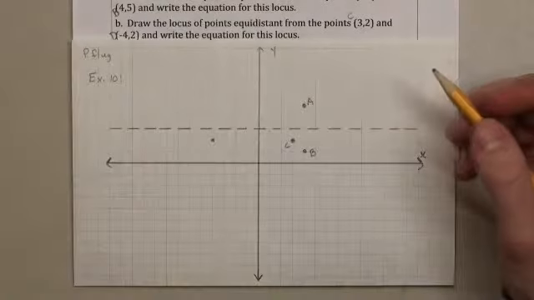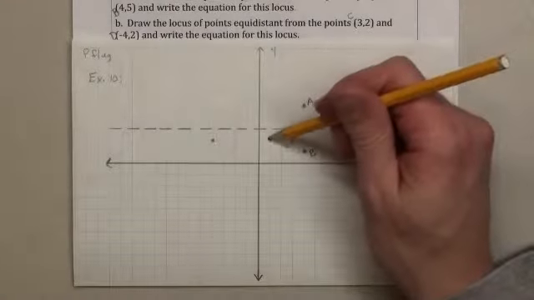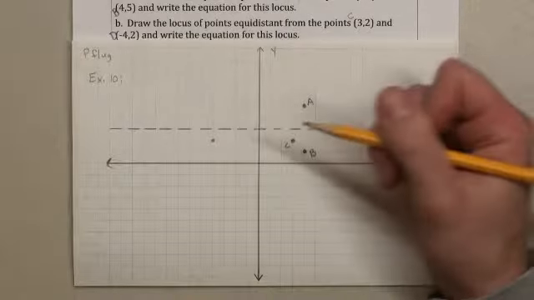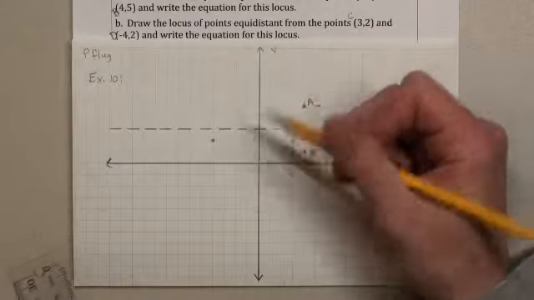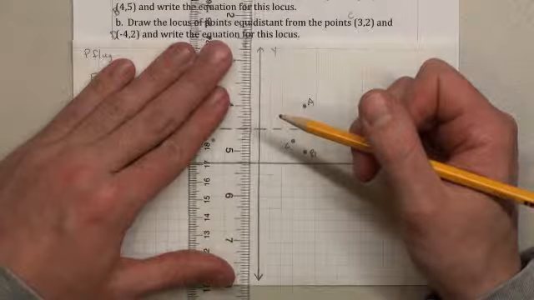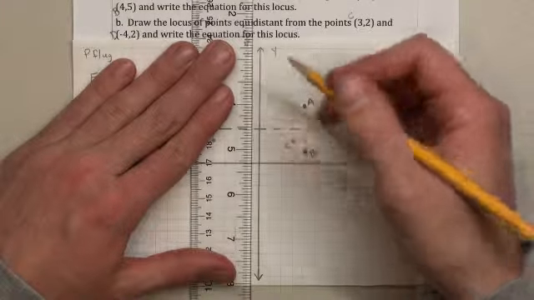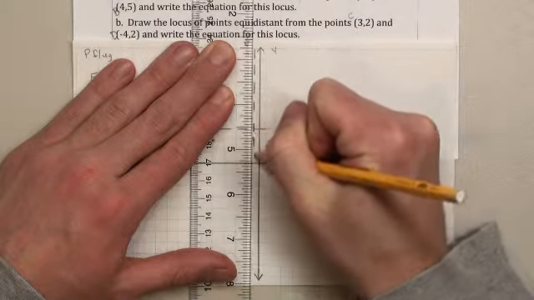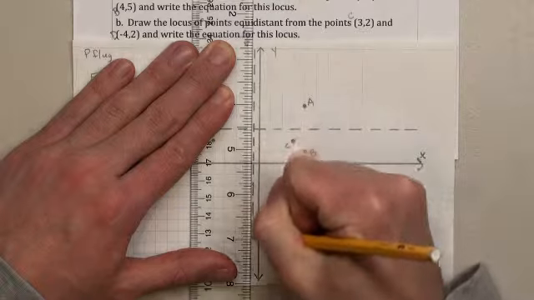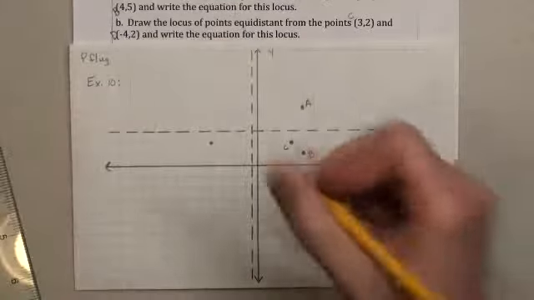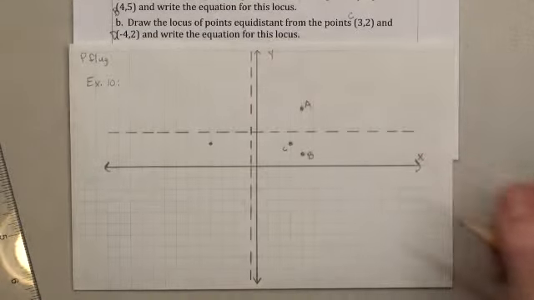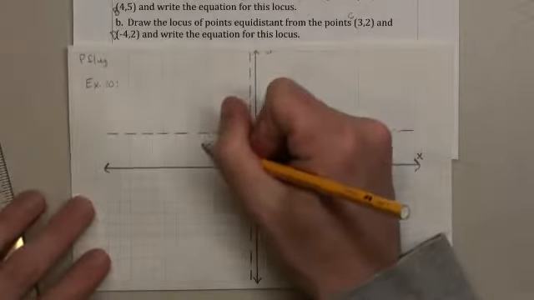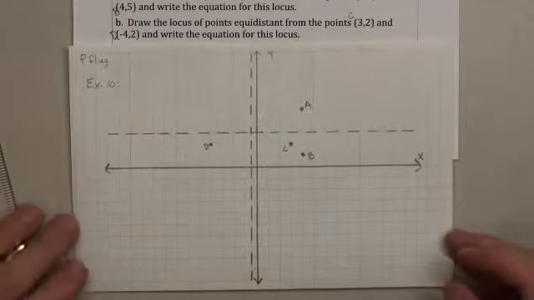So the line directly in between those 2 points is actually right in between 0 and negative 1. Okay, now, let me label that D. Let's keep going.